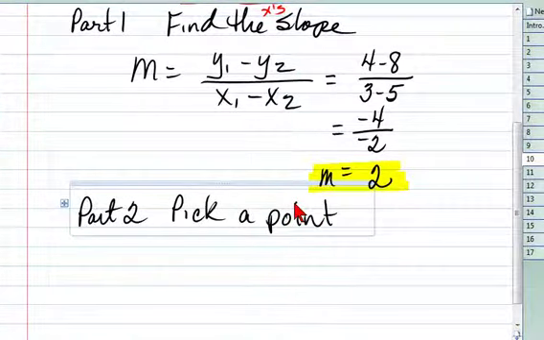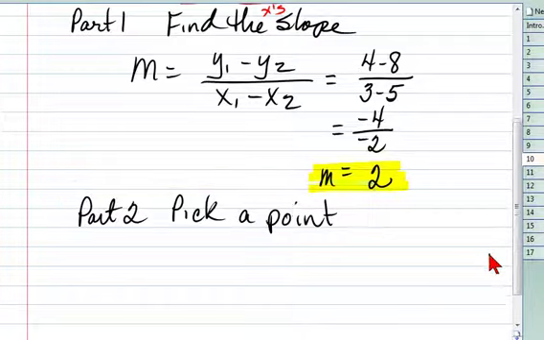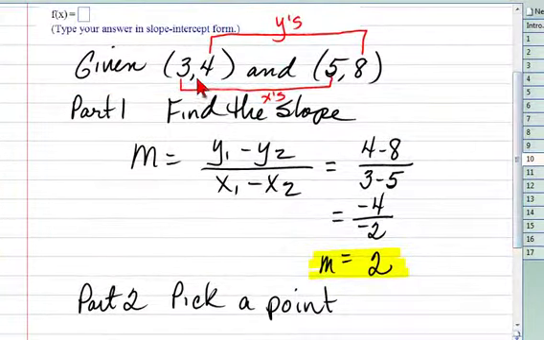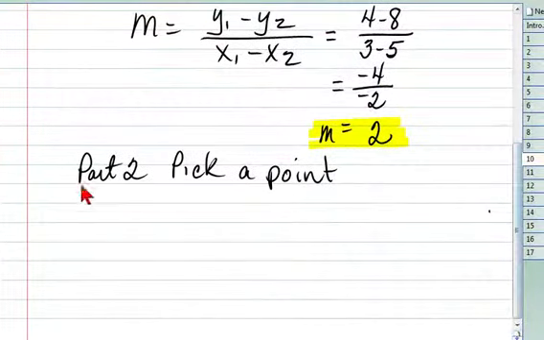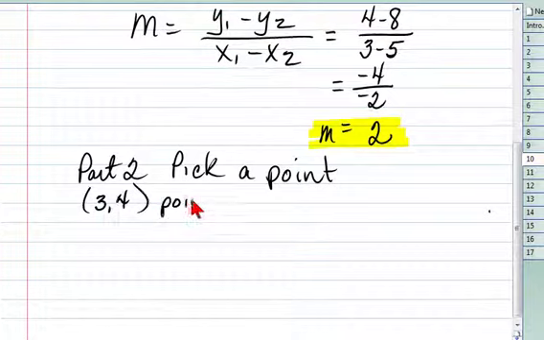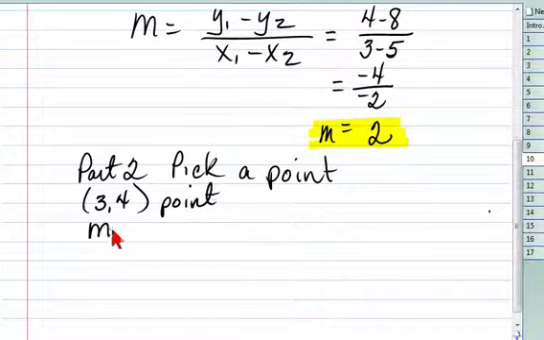And the nice thing is, it doesn't matter which one you pick. Either (3, 4) or (5, 8)? Okay, (3, 4). So (3, 4), that's my point. m equals 2, that's my slope.